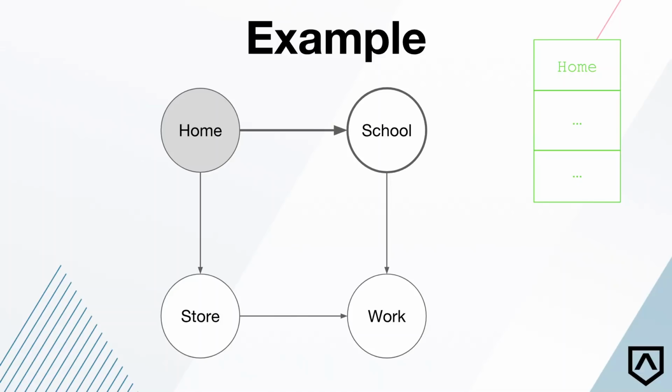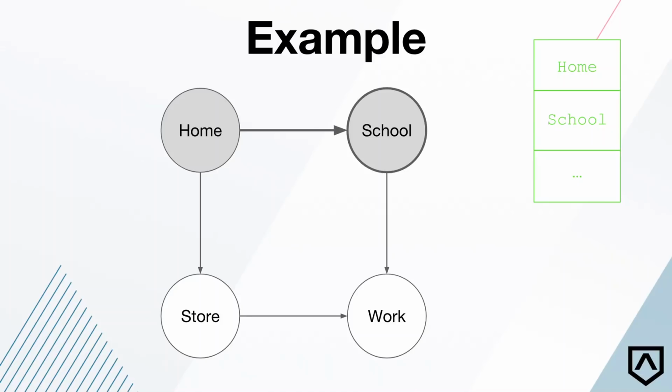Okay, so I'm marking the nodes that we've already explored that are scheduled to be explored as gray. If they're unexplored, they're white. And then once we're totally done with them, we'll mark them as black to indicate that they're already explored. But anyways, going back. So starting with the home node, we see, okay, yes, school is adjacent. School has not been explored. So let's go ahead and schedule that to be explored.